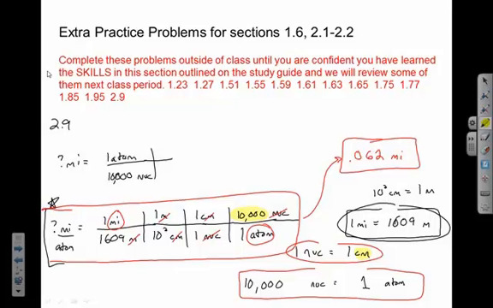So in this case, because the question is worded poorly, I wouldn't expect you to be able to identify the sig figs in the end. If this were given as like 1.0 times 10 to the fourth, which would be equal to 10,000, that would have two sig figs, and so then I would limit my answer to 2.